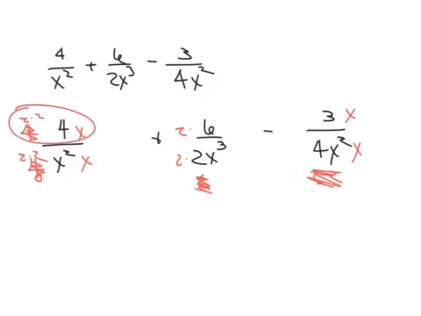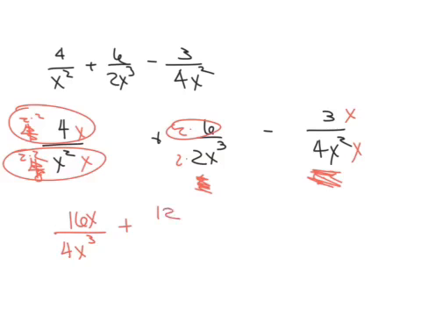So, multiply all that. I've got 2 times 2 is 4, times 4 is 16x over 4x cubed. Here I've got a 12, and here I've got 4x cubed. Here I have a 3x over 4x cubed. My denominators have to be the same. If they're not, then I didn't do it right.